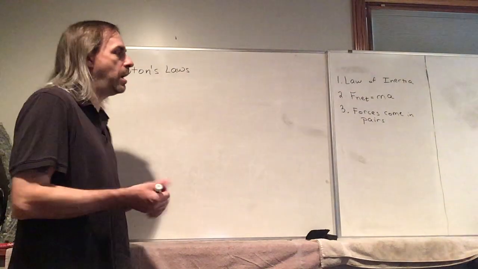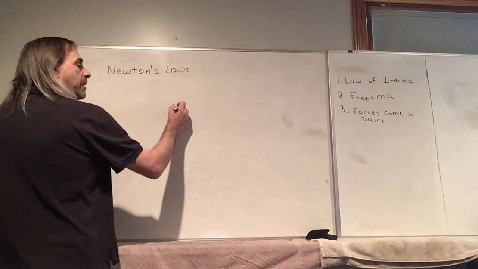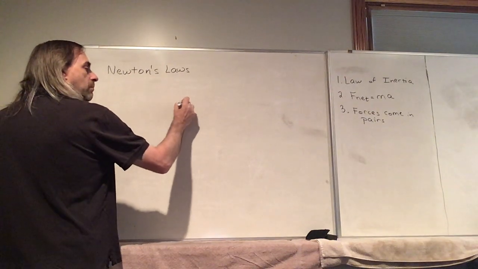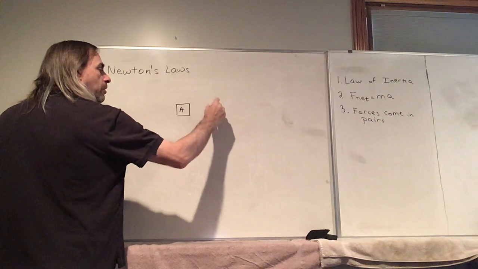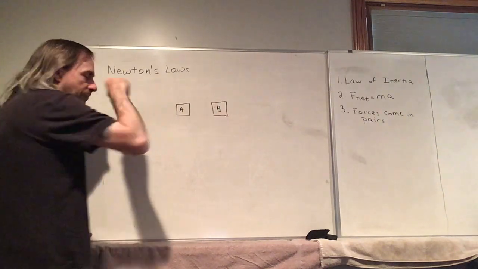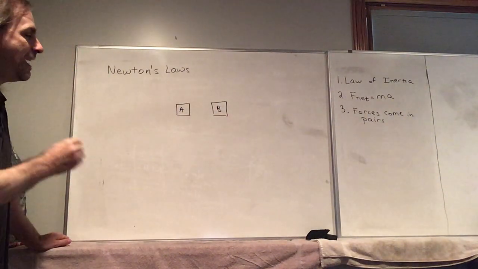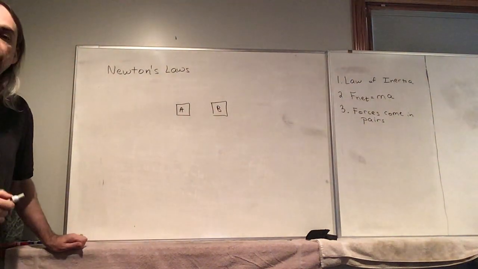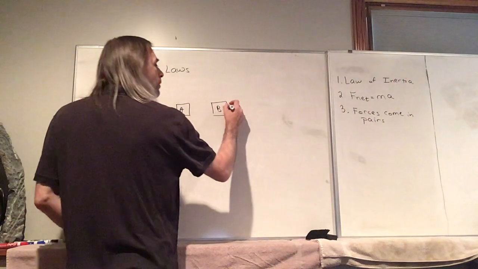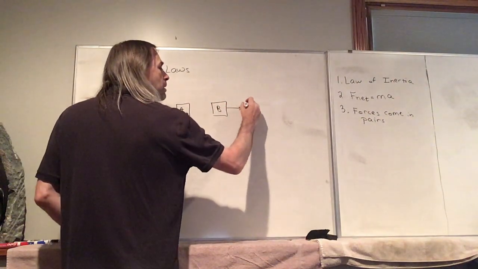So to demonstrate that, let's say we have two objects, A and B. They could be touching each other or not, doesn't matter. And the idea is, let's say object A exerts a force on object B. I'm going to draw it like this.